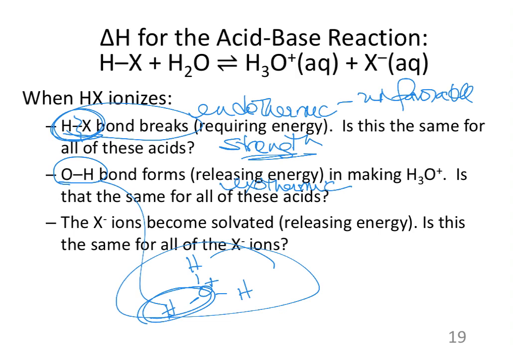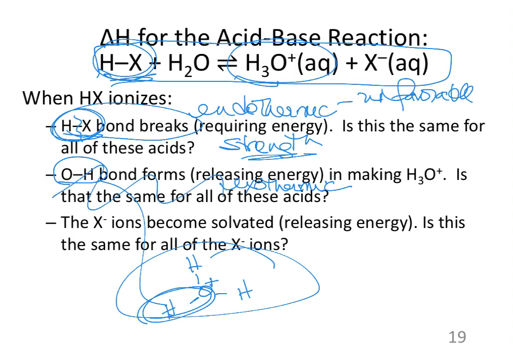It turns out that if we're looking at this generic acid-base reaction or ionization of an acid in water, regardless of what the acid is, every acid's going to make hydronium and make a new O-H bond, right? So we can almost ignore the contribution of making that bond because every single acid's going to do it. So what's going to determine the key difference in enthalpy for an acid and water is the strength of this bond.